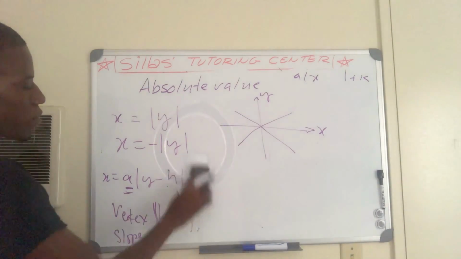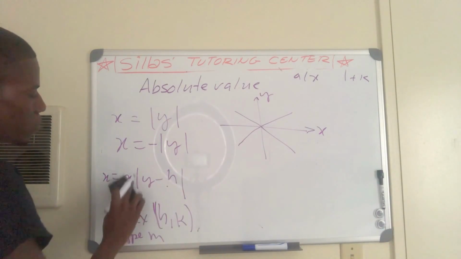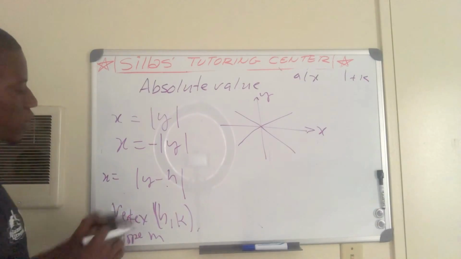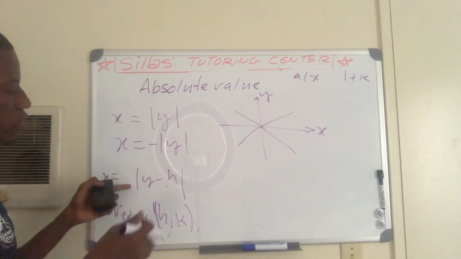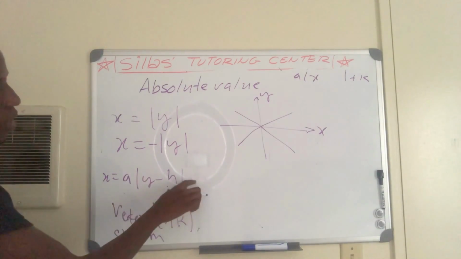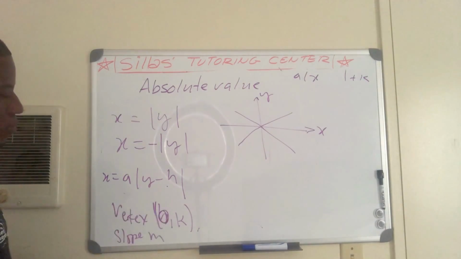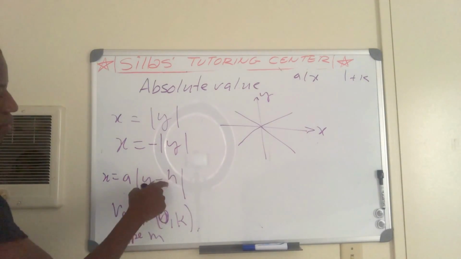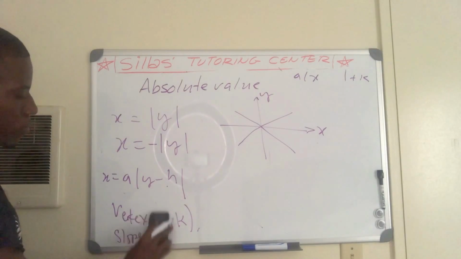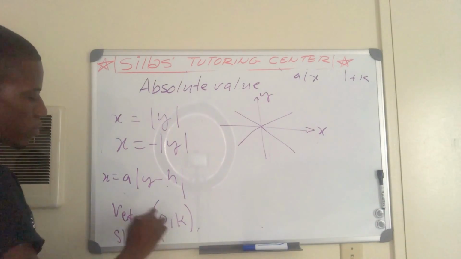The same thing. If k is equal to 0 and my slope is 1, if k is equal to 0, that's telling me my vertex (h, k), this is 0. If y is k, this is going to be 0.